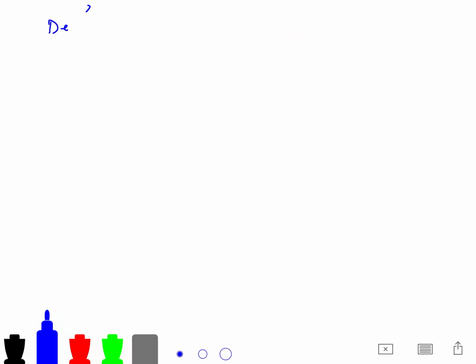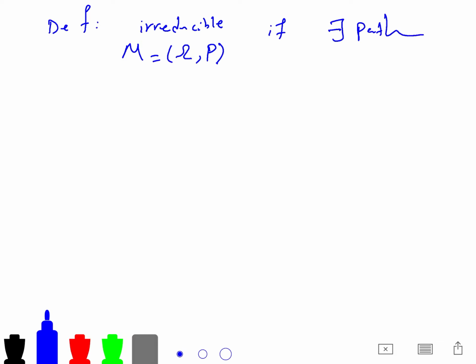And by definition, we would say that a Markov chain M, with state space omega and transition probability P, is irreducible if there exists a path in the transition graph from every state to every other state.